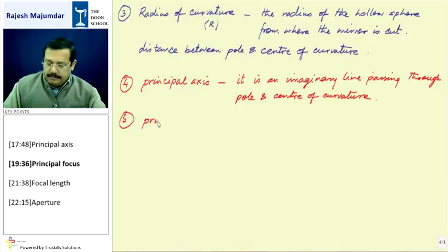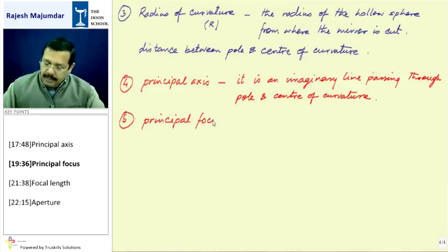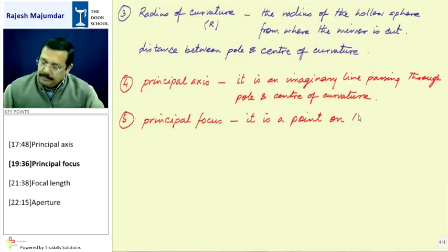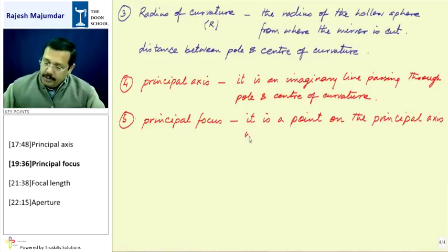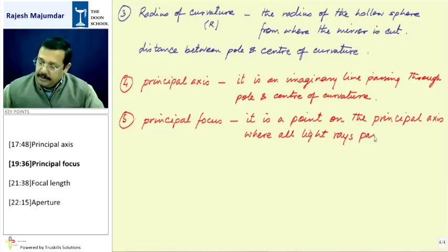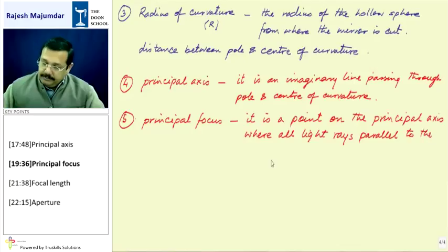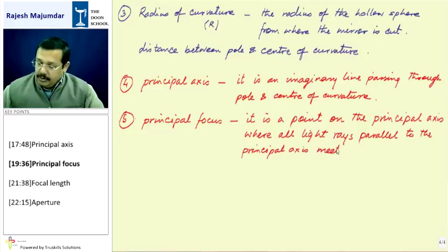Principal focus. It is a point on the principal axis where all light rays parallel to the principal axis meet or seem to come from.